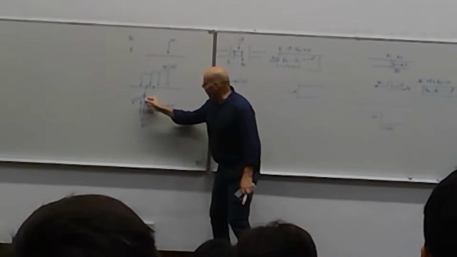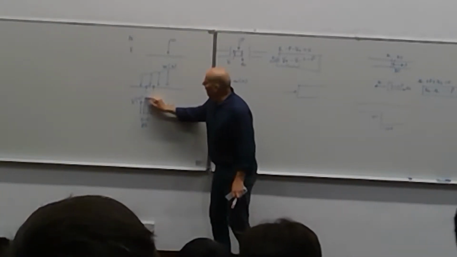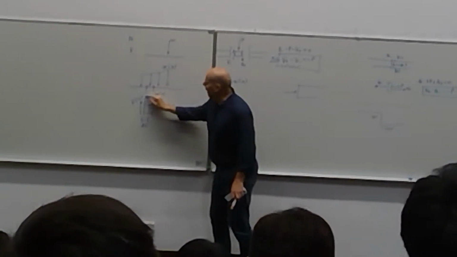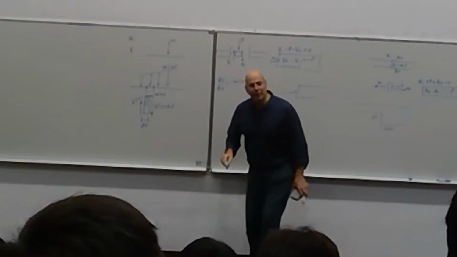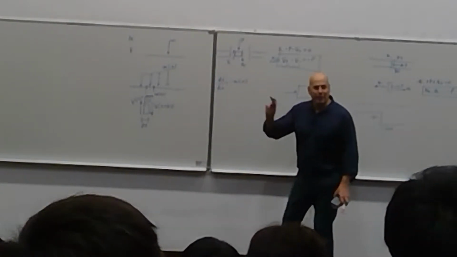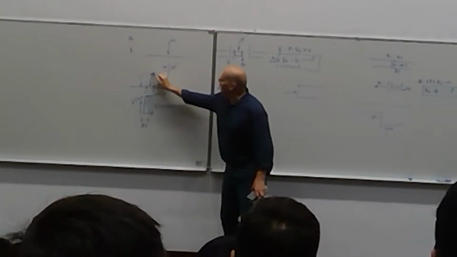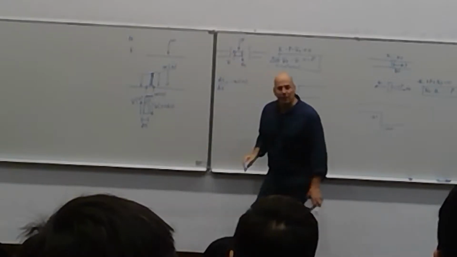Assuming positive shear here and here, and assuming that this is W of X. If this is a small length, I can assume that W is constant over the small length, equal to W of X. Even if it varies, I'm going to take a very small length, so I can say that the intensity here is whatever W of X is.